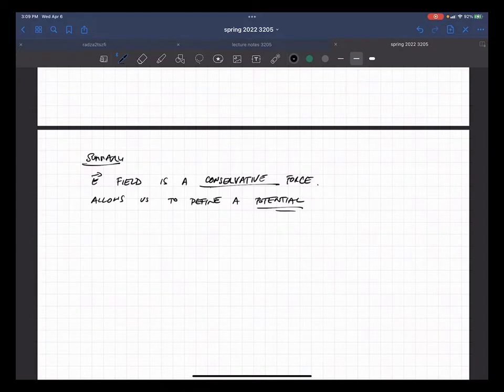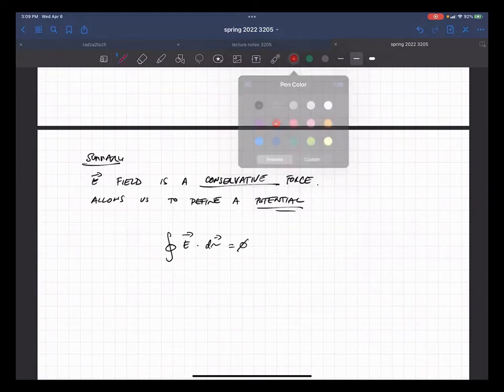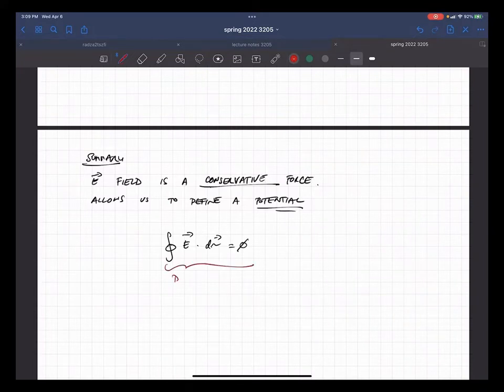It means that the closed loop integral of the electric field, dot product with the direction of travel along this closed loop, is equal to 0. This is essentially the definition of a conservative force.